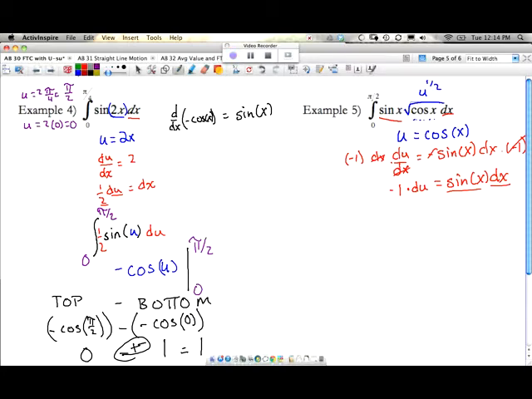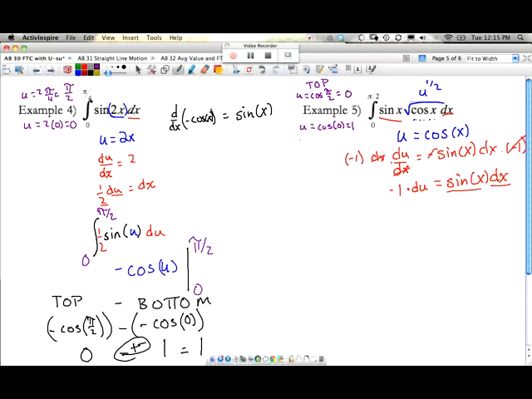Alright, now let's talk about limits. For the limits, we have pi over 2 and 0, but those are in terms of x. So if u equals cosine of pi over 2, well, we learned from the previous problem that we just did that that's 0. And then for the bottom, similarly, u equals cosine of 0, which is 1.